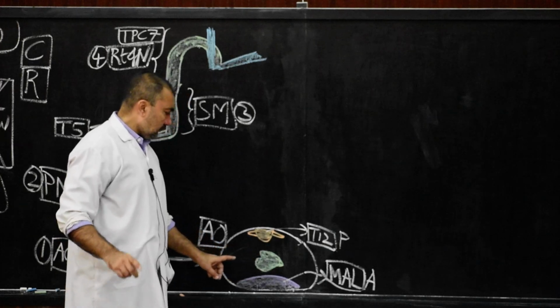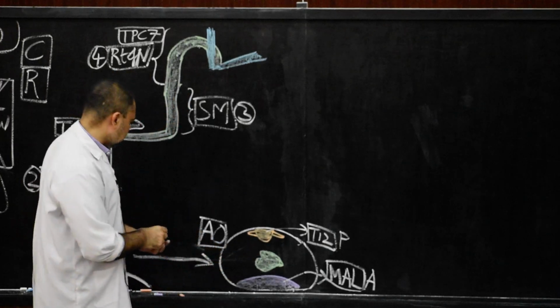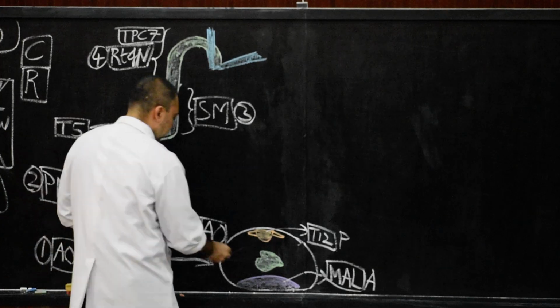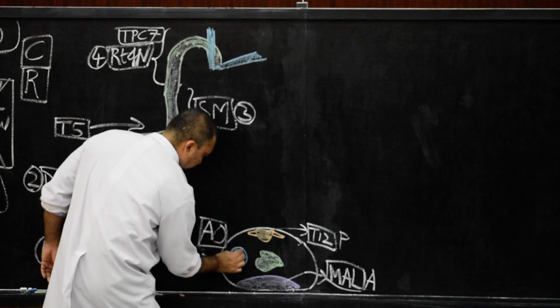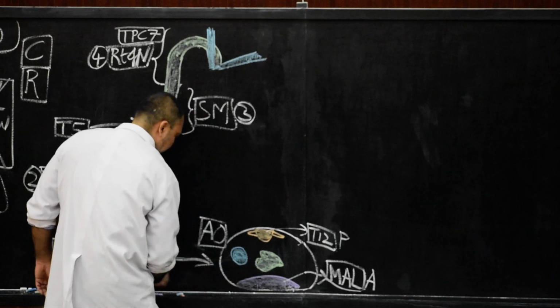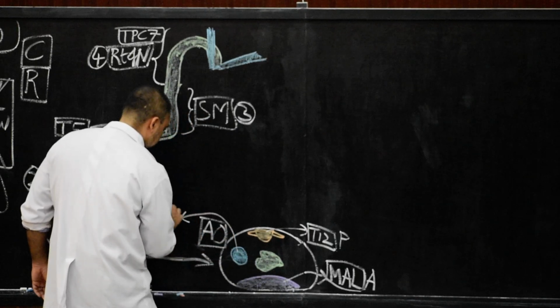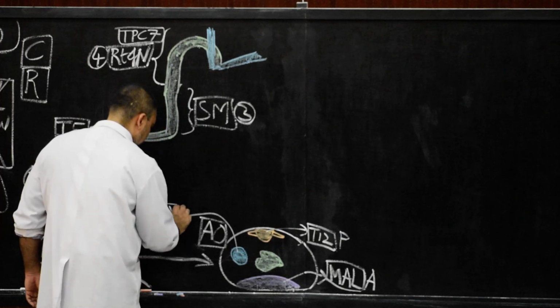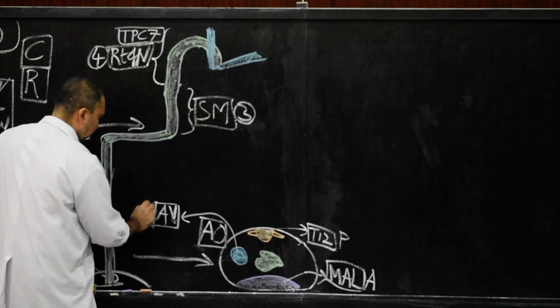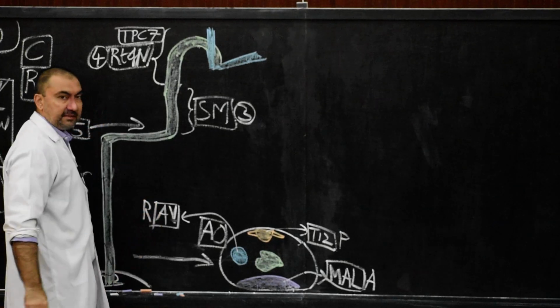Then on the right side, there will be presence of azygous vein. So please draw this azygous vein, and here I am drawing this azygous vein on the right side. So I will name this as azygous vein, and I am going to write R, right side.